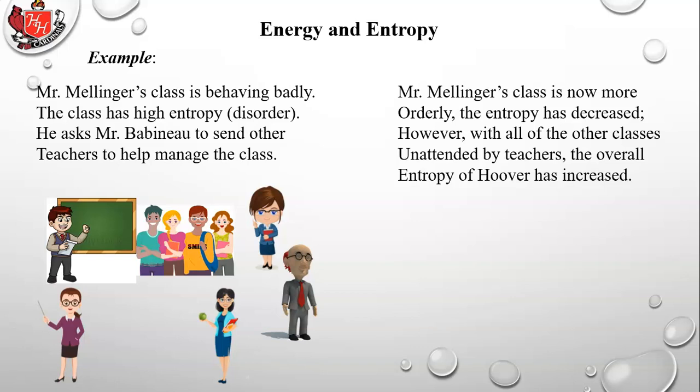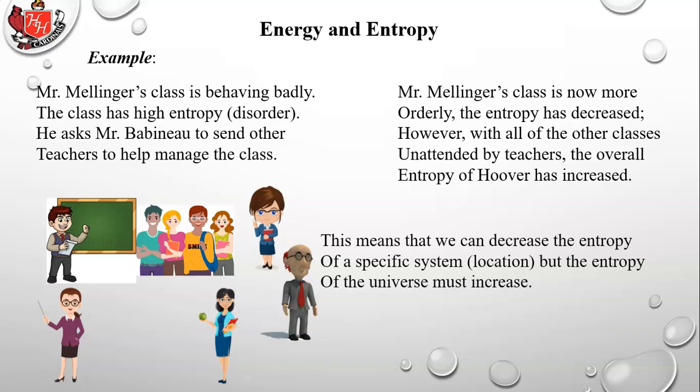And not only did it increase, it increased by a greater amount than the reduction in disorder in my classroom. So if you look at Hoover overall, my classroom and the rest of the campus put together, overall the entropy increased. The campus became more disorderly, even though my room became more orderly.